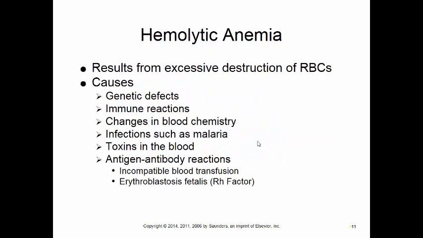The next type is hemolytic anemia. This is where the red blood cells are destroyed prematurely, usually. There are genetic effects that make them more likely to be destroyed, such as sickle cell anemia.